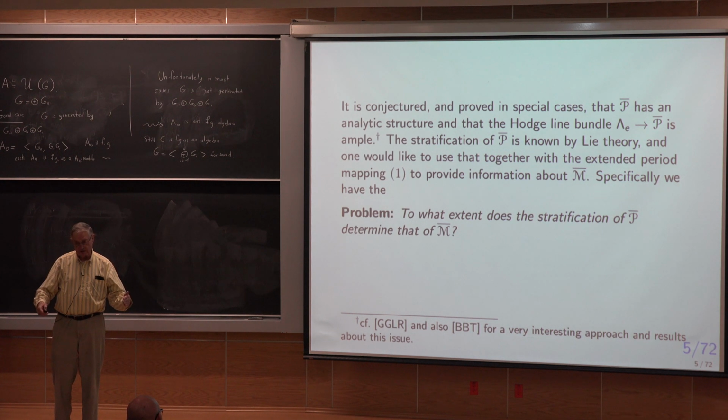You want to know to what extent does that determine the stratification of the original moduli space. For a particular surface, you would want to know not only does it determine the stratification, but what do the strata look like? That is, what surfaces correspond to different strata? How do they fit together? How may one surface degenerate to another? And so forth.